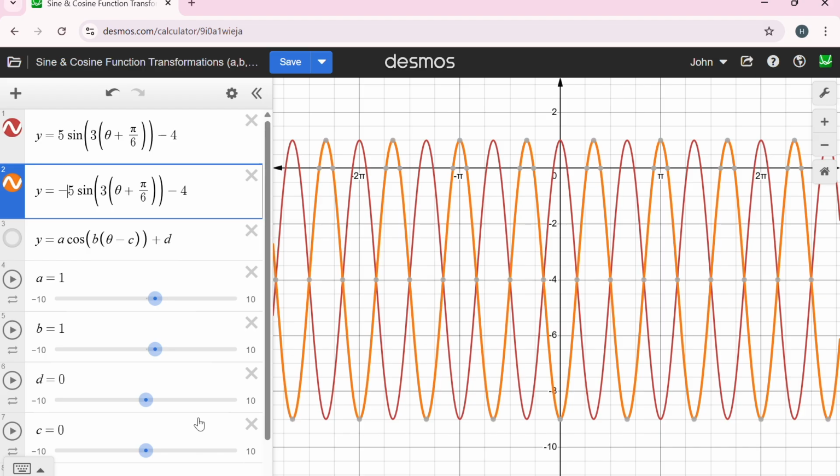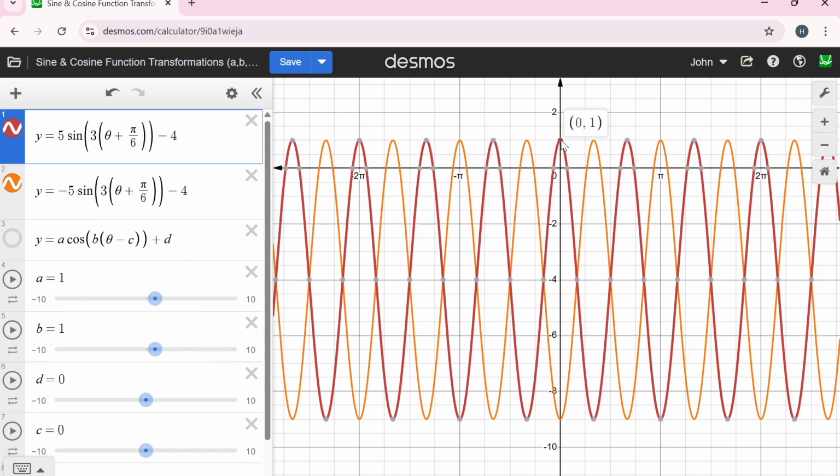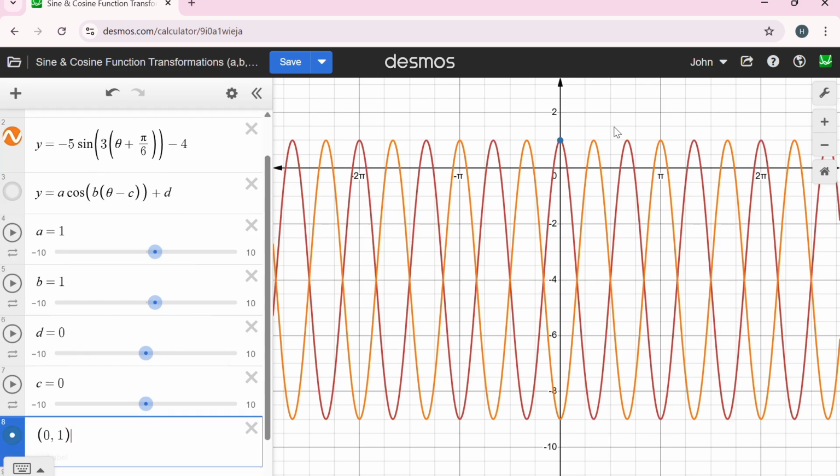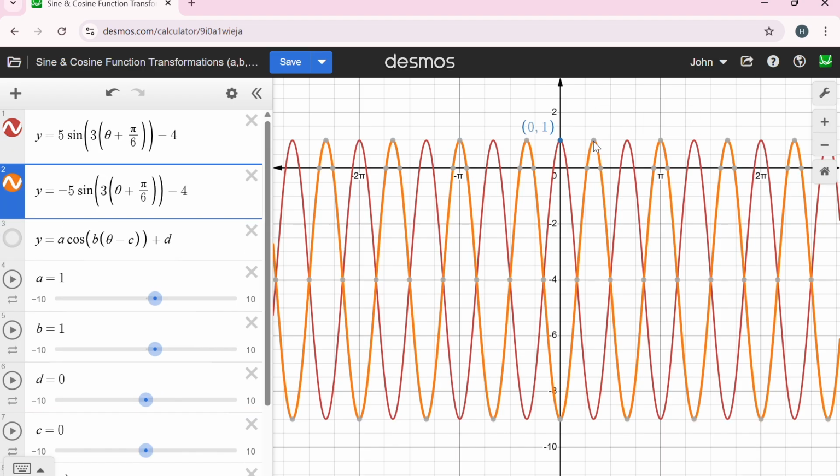It puts it out of phase by 1/2 of the period. The period in this case was 2 pi over 3. 1/2 of that is 2 pi over 6, or just pi over 3. So it puts it out of phase by pi over 3. So let me mark that point. Let's label it. And then let me mark this point.